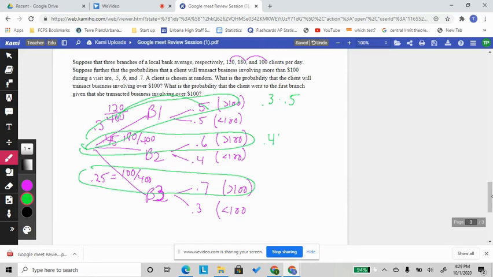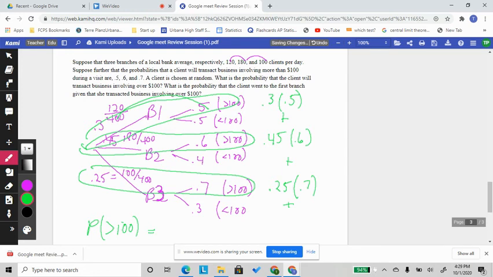Branch 2 and I did the transaction over 100. Branch 3 and I did the transaction over 100. So the probability of me doing a transaction over 100 is that plus that plus that.